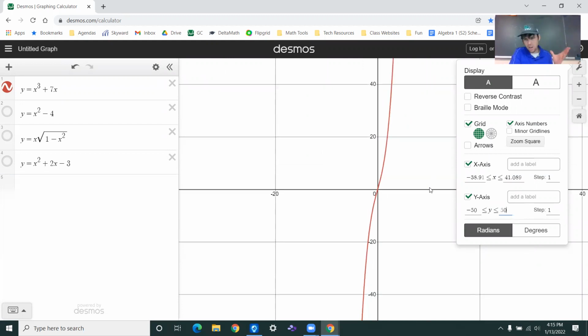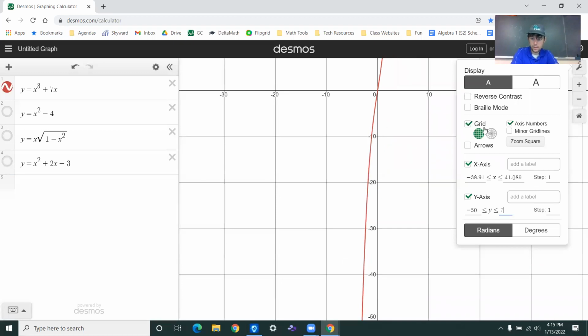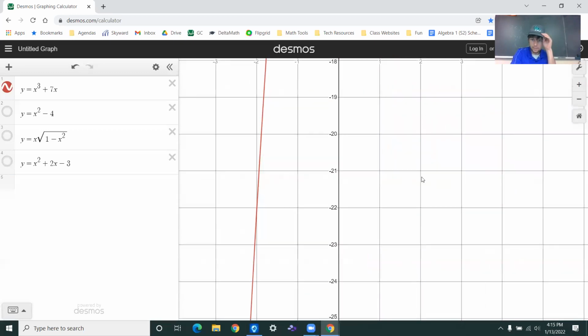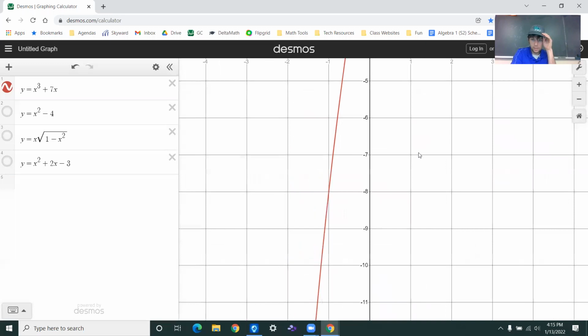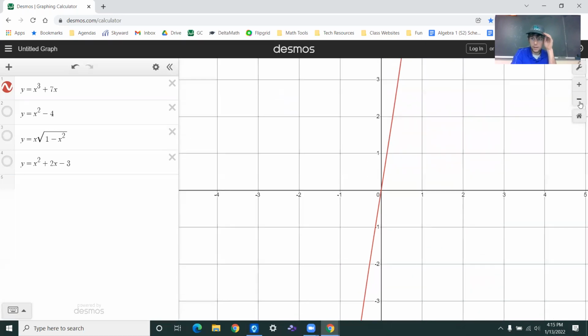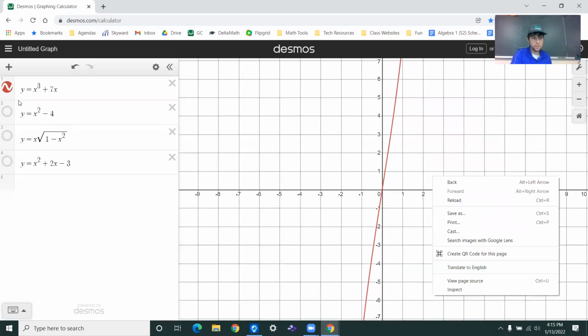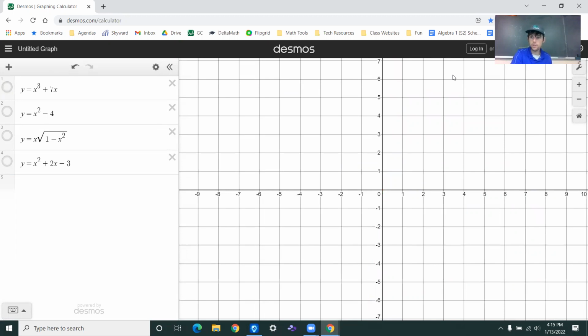This is quite a large polynomial here, so you can see that this has that rotational symmetry, or symmetry through the origin. You could imagine if we rotate that graph around 180 degrees, it'd line up with itself. Anyway, let me fix this real quick. Let's just zoom in. Alrighty, that should work for everyone. Let's turn that one off. We're going to look at these other equations next.